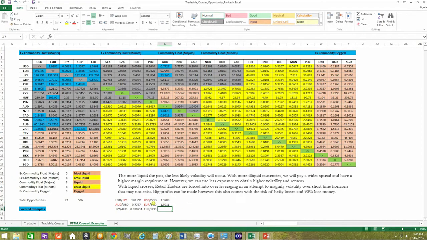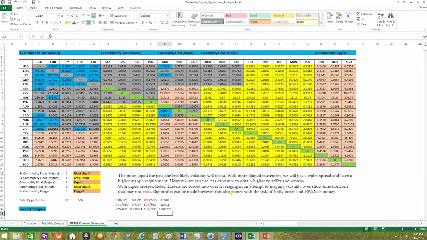Well, the convention here is that if the currency that's left is the denominator in both circumstances, we can work out the new cross rate, the new dollar cross, by dividing. So we divide the currency that's going to be first, the euro cross rate, by the currency that's going to be second, the dollar cross rate.